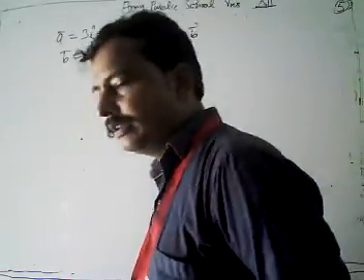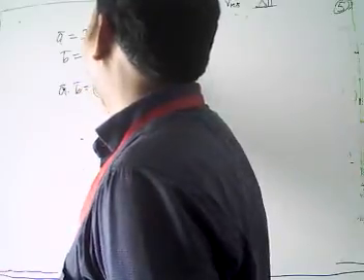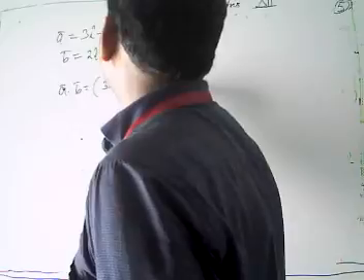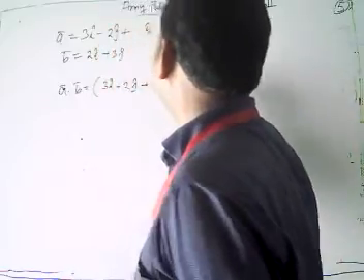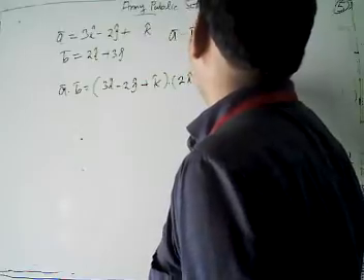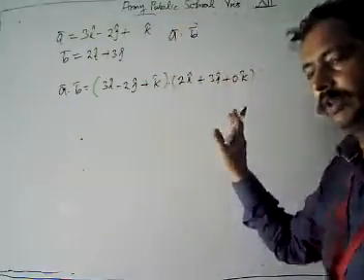Now look, we are going to find vector a dot b. It's (3 i cap minus 2 j cap plus k cap) dot (2 i cap plus 3 j cap). We can also write plus 0 k cap because we do not have a component of k in vector b.